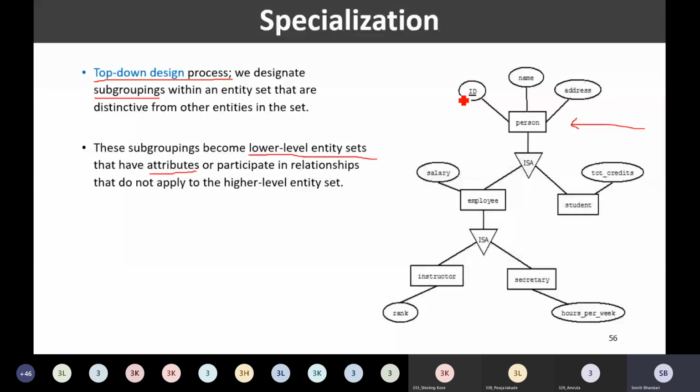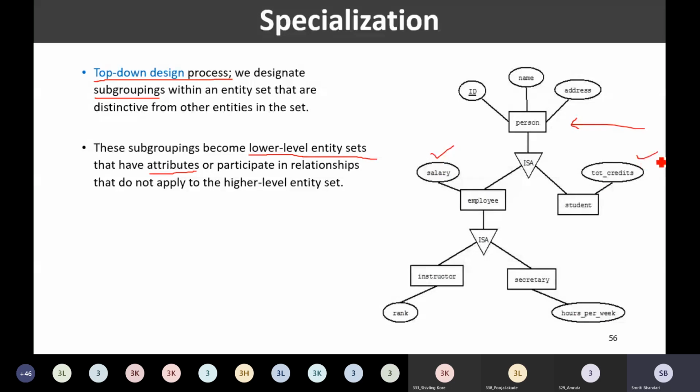But in addition to these attributes, I may have a few more attributes related to that kind of entity. Say, for example, if the person is an employee, then the employee has an additional attribute, that is salary.